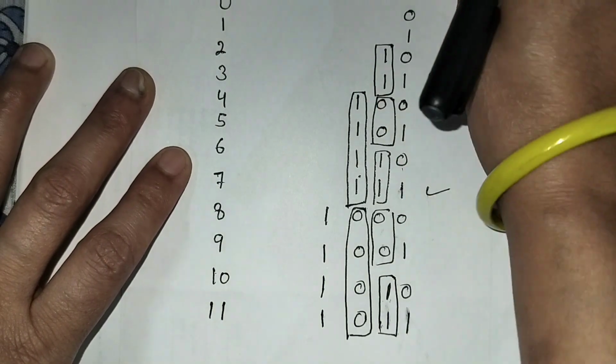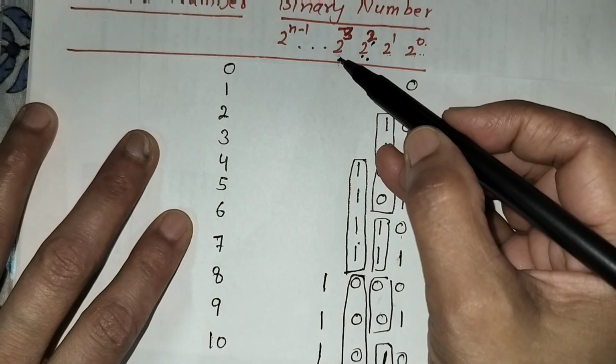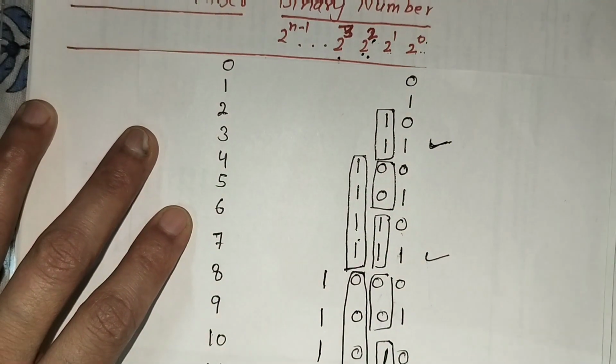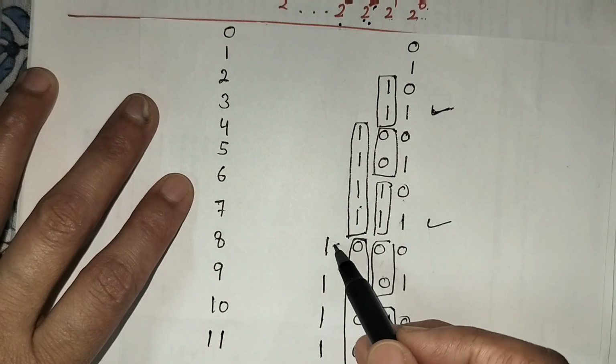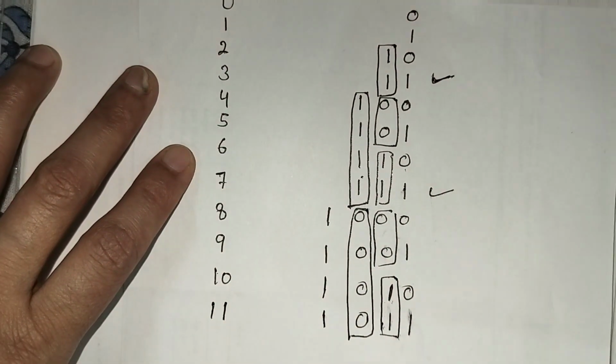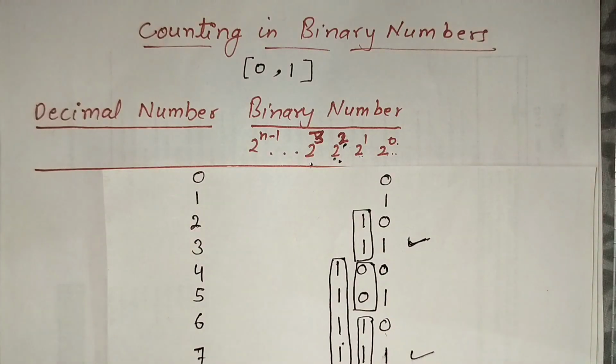At this position, 2 raised to power 3, meaning 8, the alternation is between a group of 8 ones and 8 zeros, and the numbers will keep on continuing. I hope you have got the basic method of writing counting in binary form.